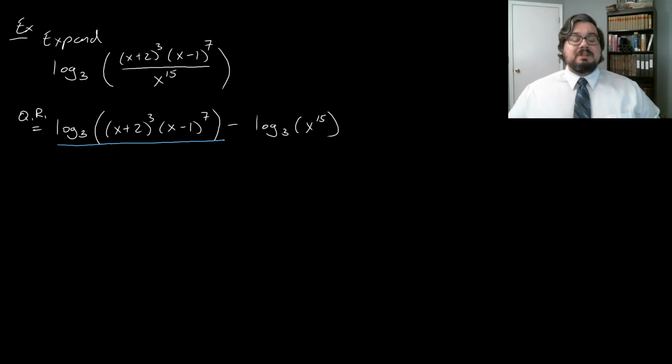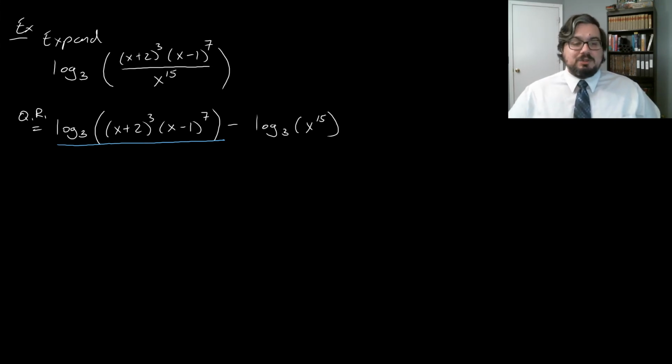There are two exponents that we see inside the logarithm expression, but neither one of them applies to everything inside the logarithm. The exponent of 3 only applies to the factor x plus 2. The exponent of 7 only applies to the factor x minus 1. And so neither one of them apply to the whole thing.